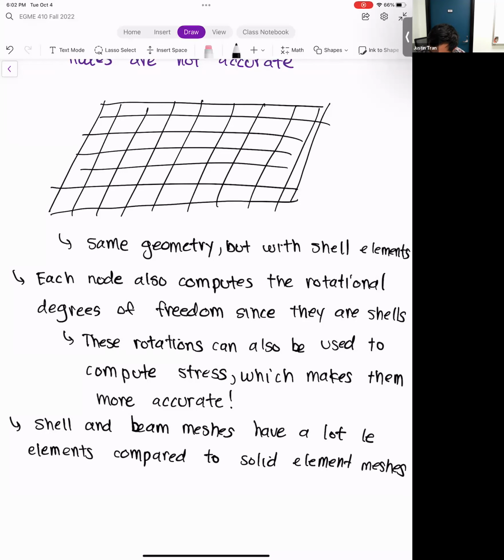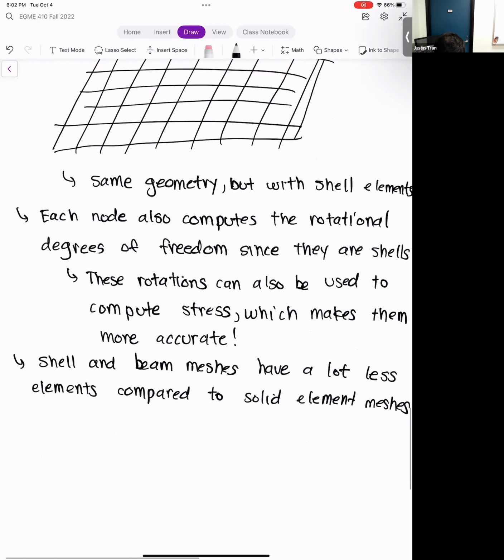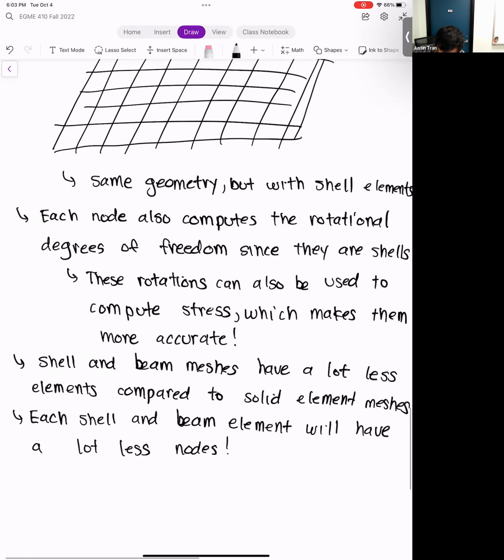And so that by itself will give you a lot of cost savings. And then also on a per element basis, each element itself will have a lot less nodes. Okay.